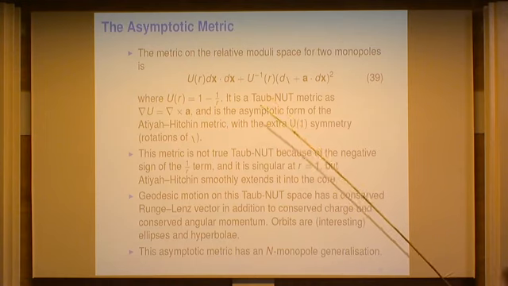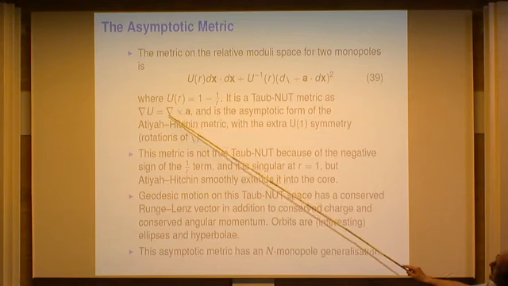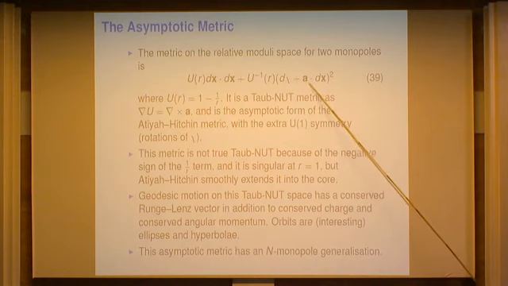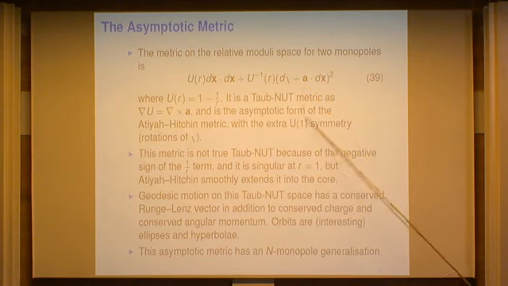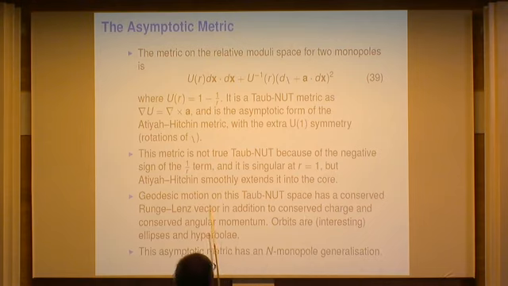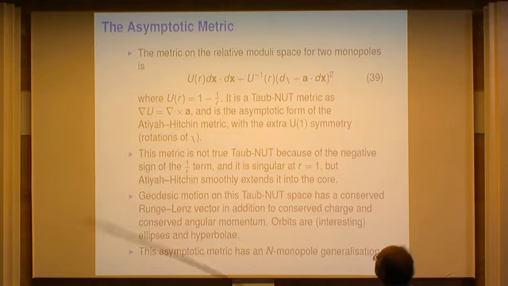This is the relative moduli space, and it's Taub-Nut because the gradient of that u is the same as the curl of A. So that's the condition for this to be a Taub-Nut metric. And it's the asymptotic form of the Atiyah-Hitchin metric. So Atiyah-Hitchin had a completely different method of working out this metric, and you can take the asymptotic form of it, there's something I did with Gary, and read off that it looks like this. So we then re-derived this using this physical point of view.